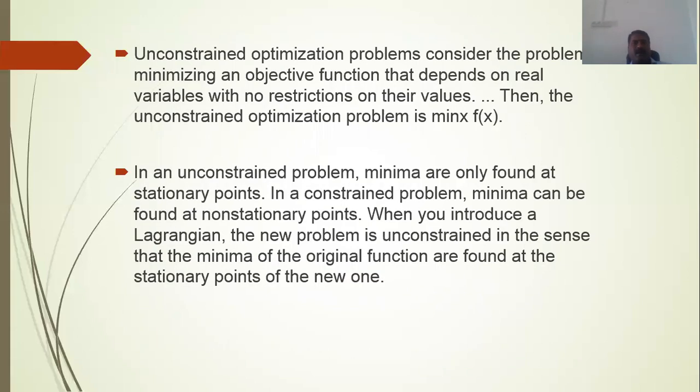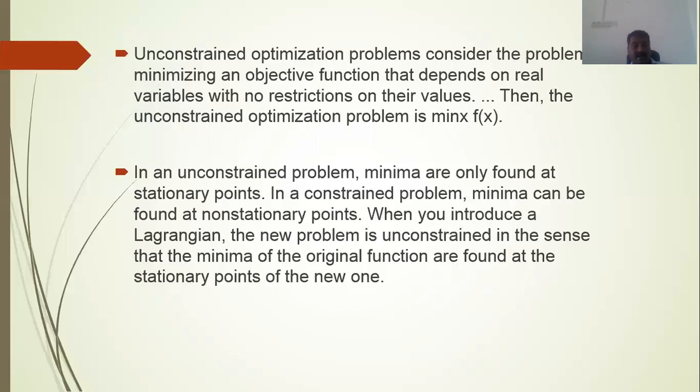In unconstrained optimization problems, we consider the problem of minimizing an objective function that depends on real variables with no restrictions on their values. The constrained optimization problem is to minimize f of x subject to constraints. In an unconstrained problem, minima are only found at certain points called stationary points. In a constrained problem, minima can be found at non-stationary points also.